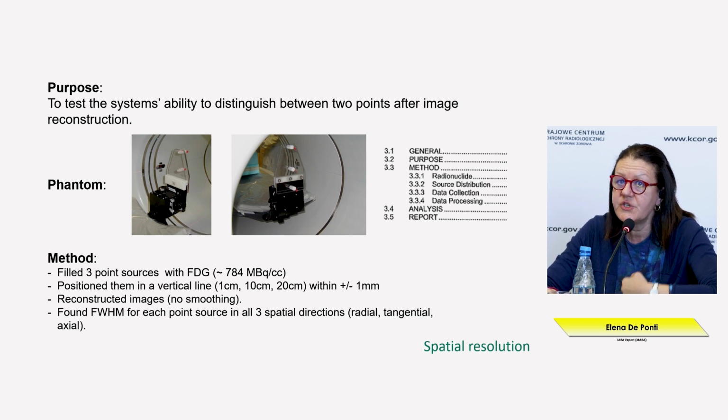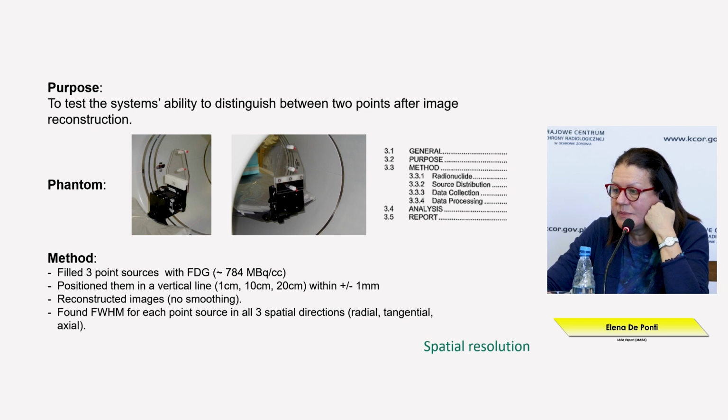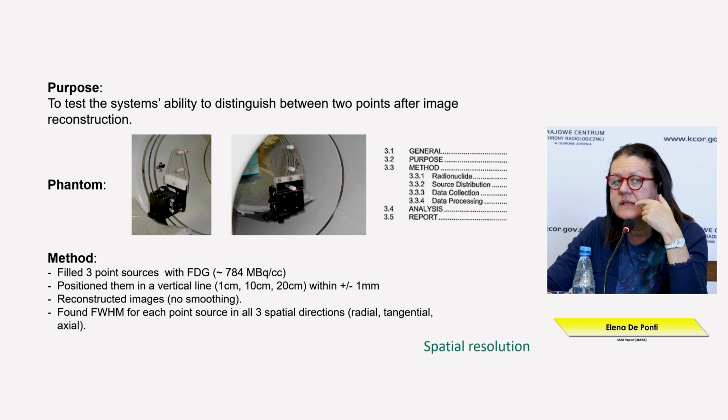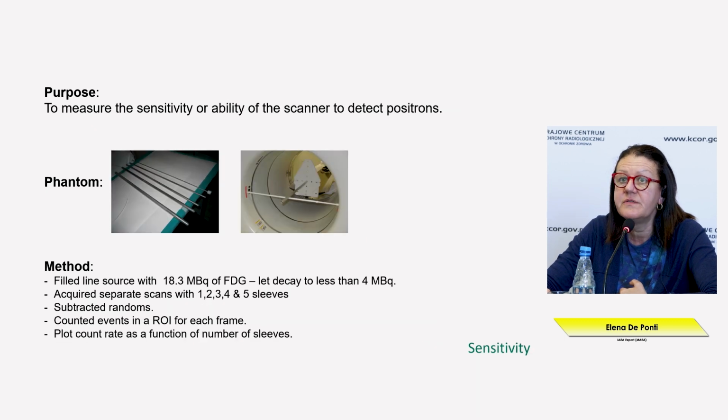Usually we measure the full width half maximum of each source in the different directions, and we repeat, according to the NEMA protocol, the measure not only in the center of the axial field of view, but also in a displaced position nearer to the edge of the field of view, to take into account the different sensitivity, as the sensitivity profile quickly decreases as we move towards the edge of the field of view.